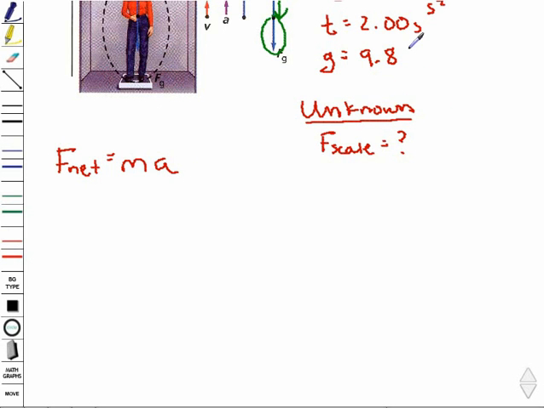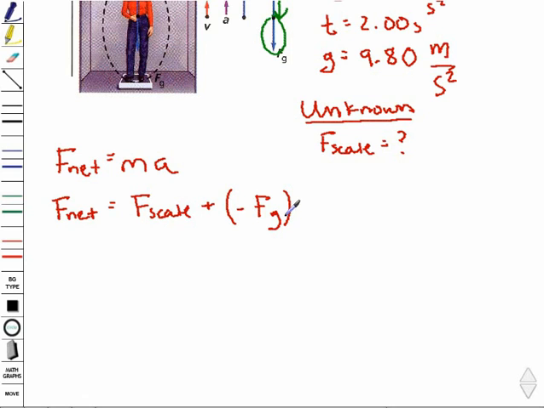So the net force is equal to the mass times acceleration, although we talked about with our force arrows that the net force is also equal to the force of the scale, which is up, and the force due to gravity, or the weight. Now remember, because this is in the opposite direction, we have to give it a negative sign. That negative sign simply means it's in the opposite direction.